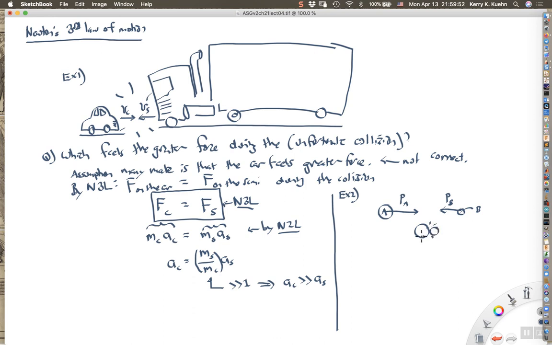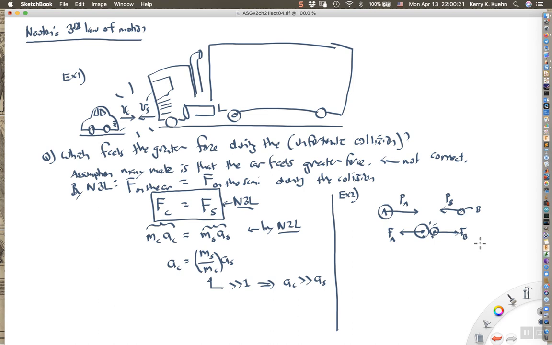And at the moment of the collision, ball A is going to push on ball B, and ball B is going to push on ball A. And so I'm just going to draw the forces right here. And again, by Newton's third law, the force acting on ball A is exactly equal to the force acting on ball B. They're simply directed to contrary parts, as Newton would say, or in opposite directions.